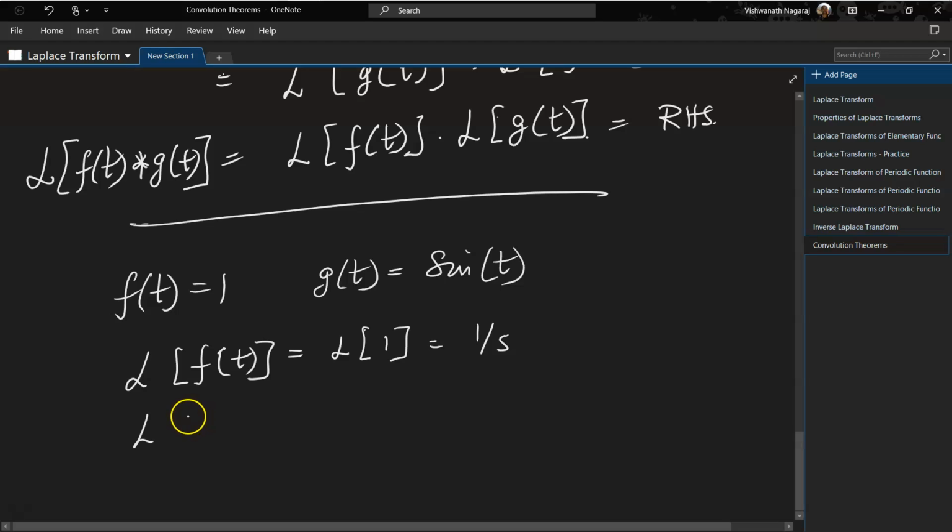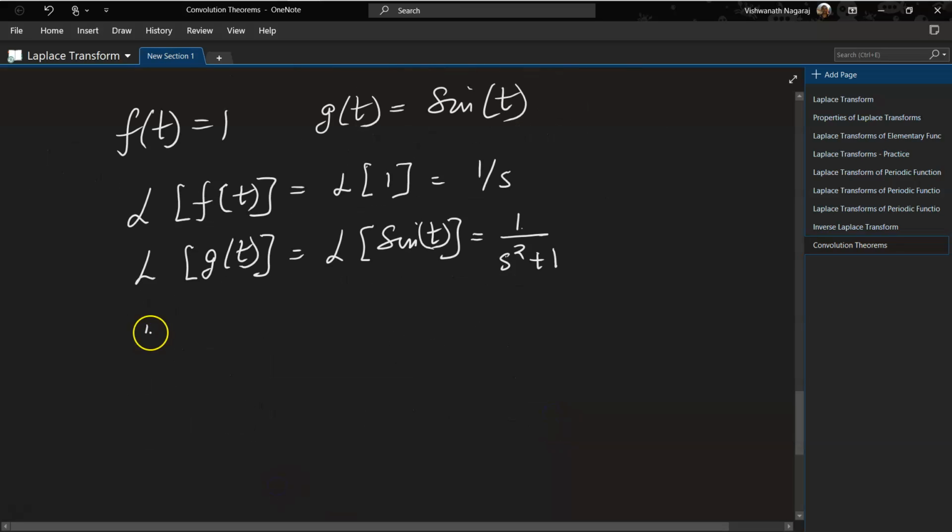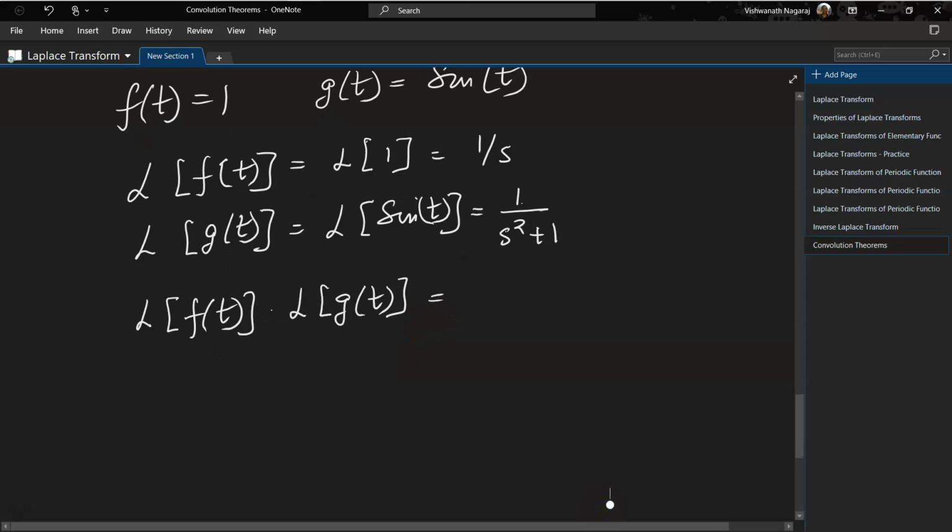Similarly, Laplace transform of g of t is equal to Laplace transform of sine of t, which is equal to 1 by s square plus 1. Let's multiply this. So Laplace of f of t times Laplace of g of t is equal to 1 by s times 1 by s square plus 1, which gives us 1 by s times s square plus 1. Okay, pretty straightforward.